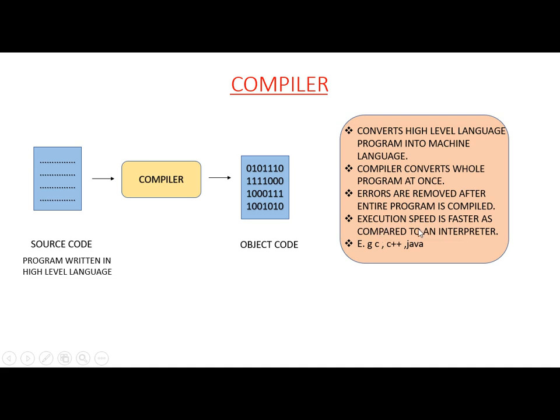The speed of compiler is faster as compared to interpreters, so the compiler generates the output in very little time. Some examples where a compiler is used are C and C++. Java, which you will study later, uses both compiler and interpreter. So these are some of the features of language processors. We studied assembler, interpreter and compiler, and some differences between interpreter and compiler.